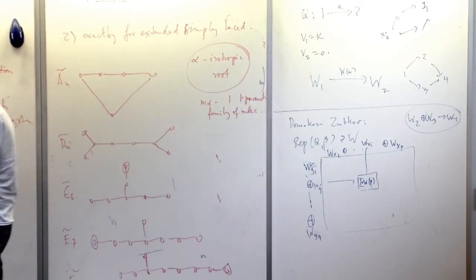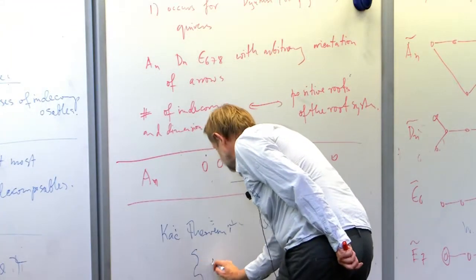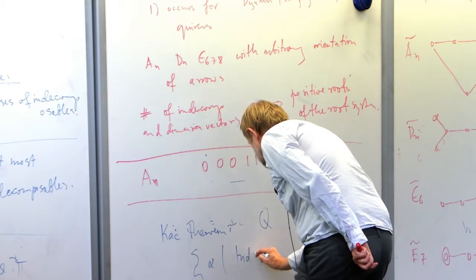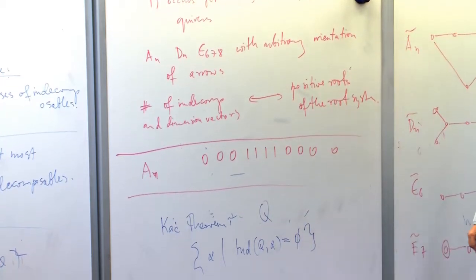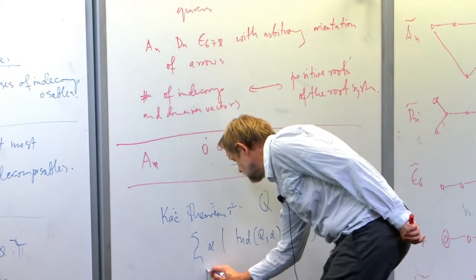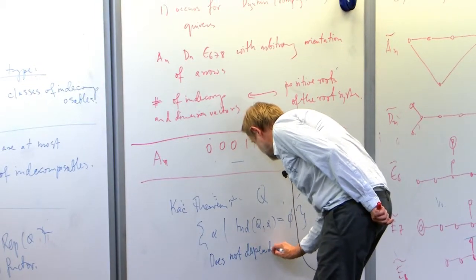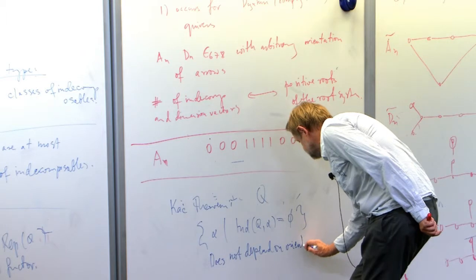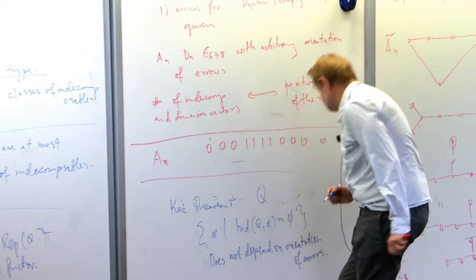So the last thing that I want to say is the Kac theorem, which is a generalization of this. If you have any quiver Q, and you look at the set of all alphas such that there is some indecomposable representation in dimension vector alpha, this set does not depend on the orientation of arrows.